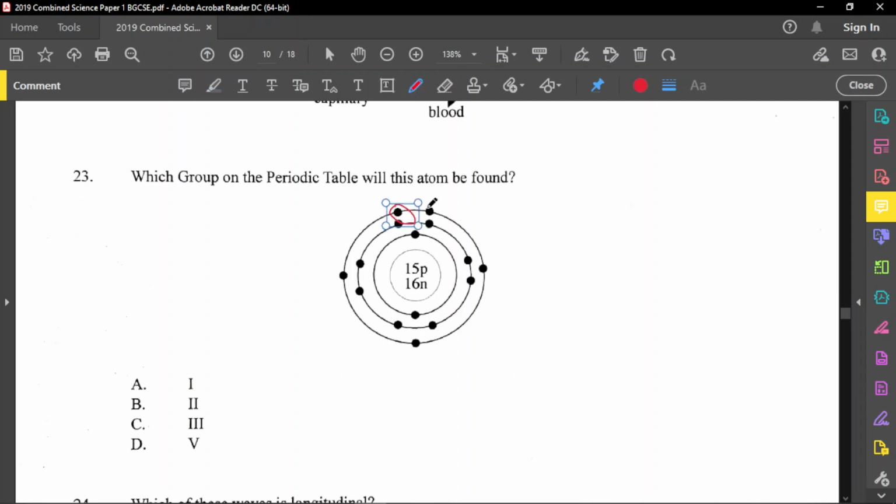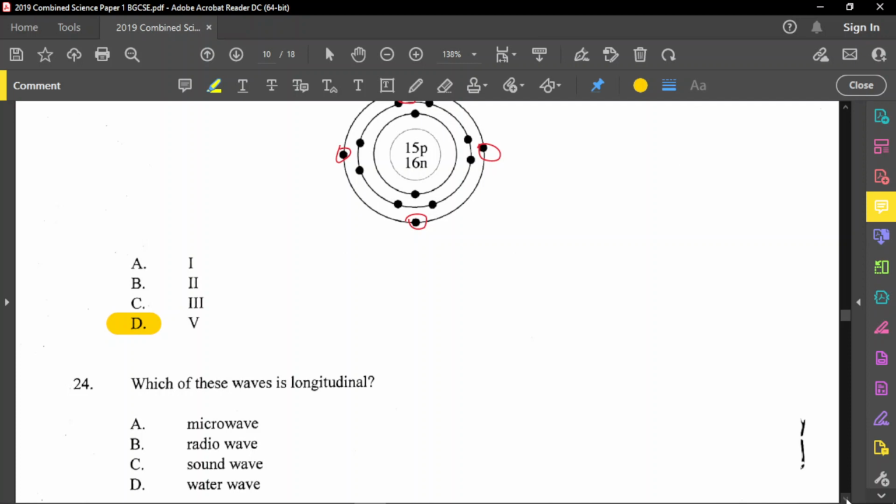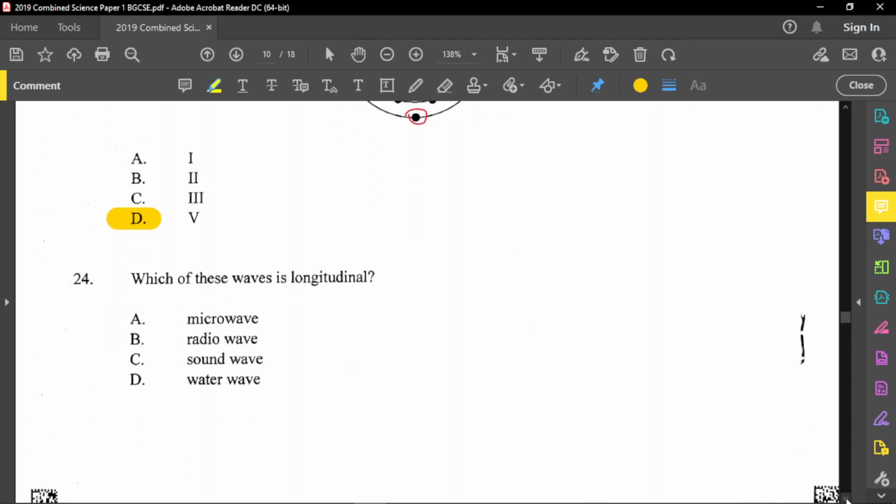The first two are inner electrons, and the last set, the outer electrons, are 3, 4, and 5. So this will be placed in group 5 because it has 5 valence electrons. It is also a non-metal, because non-metals have 5, 6, or 7 valence electrons.